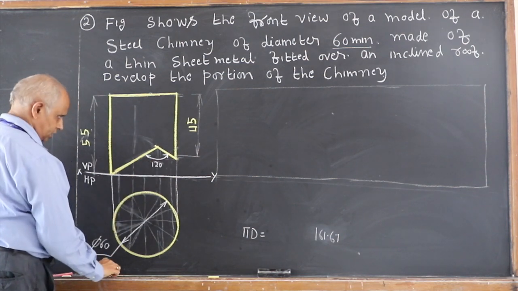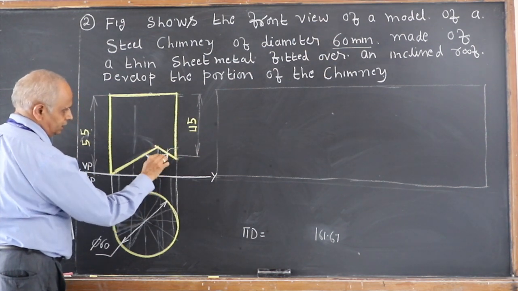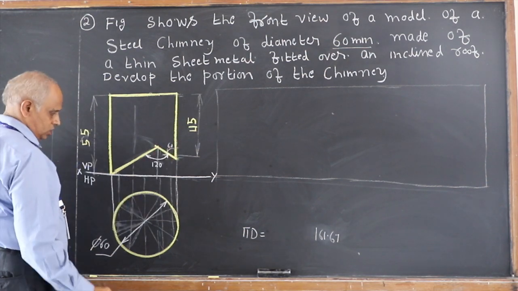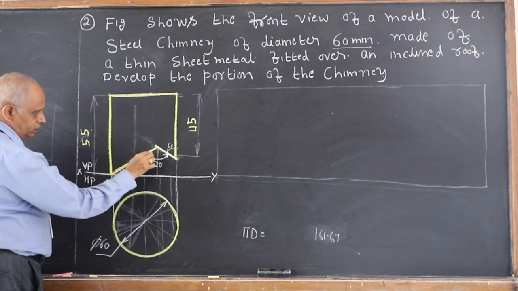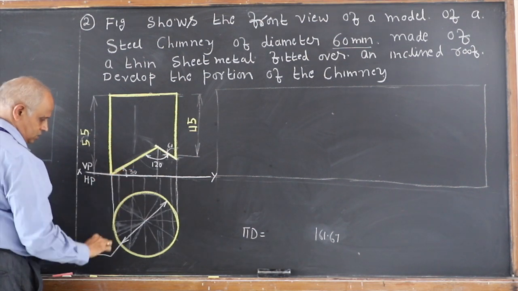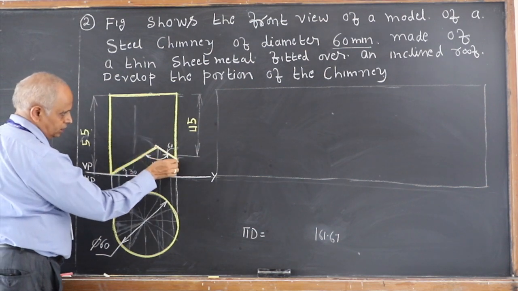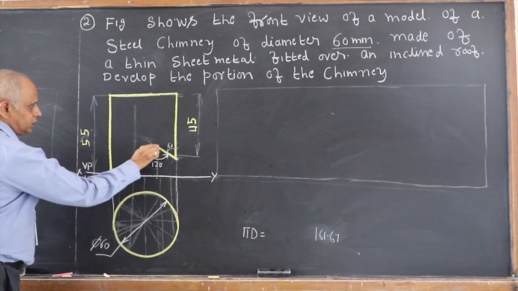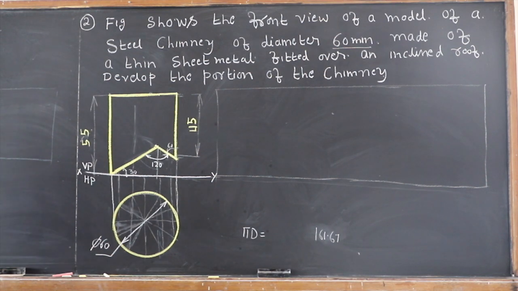That means this is going to be 60 degree, because of symmetry, this is 60, therefore this is alternate angle, and therefore it is 60 to vertical. So draw a 60 degree line from here, and therefore this is 30 degree line. Draw this line at 30 degrees to horizontal or 60 degrees to vertical, and you get this point. That completes the front view of this.